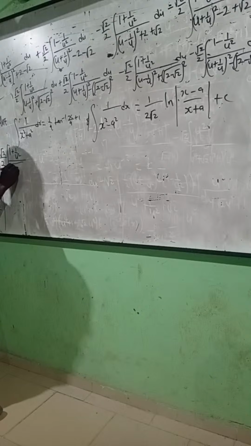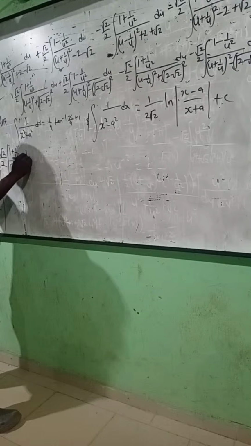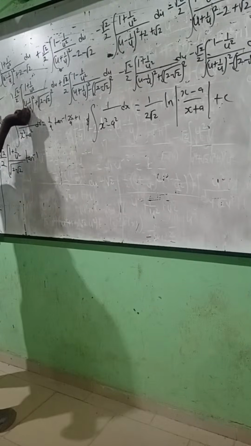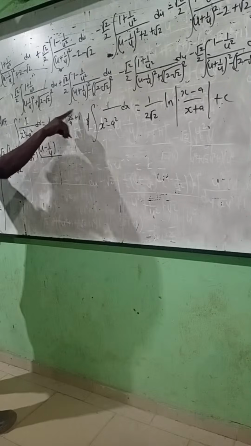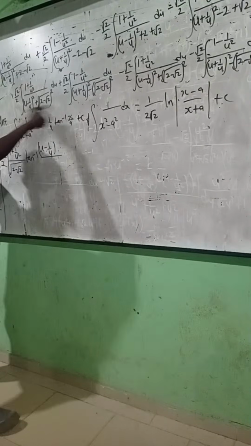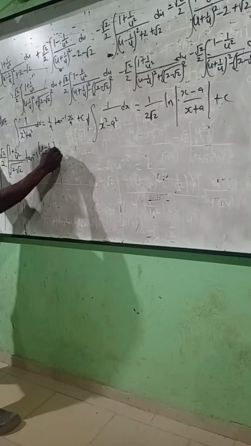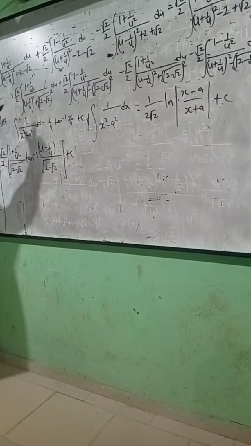Root 2 minus root 2. Tan inverse of what? What's like our x here? u minus 1 over u, over a, root 2 minus root 2, plus c. This is the answer to the first one here.